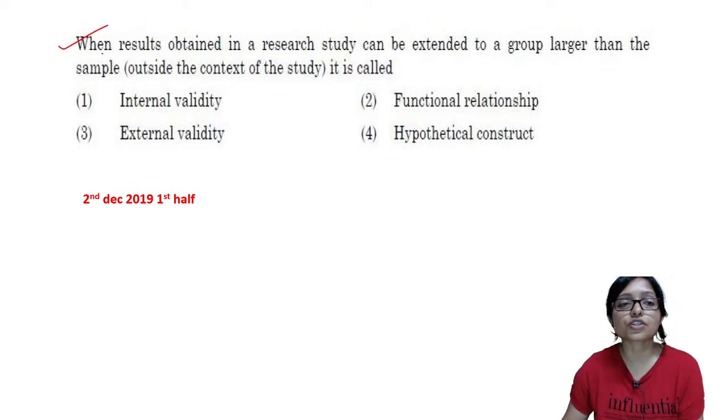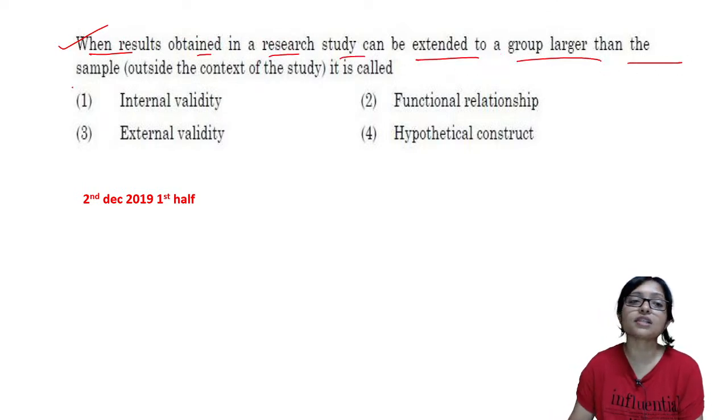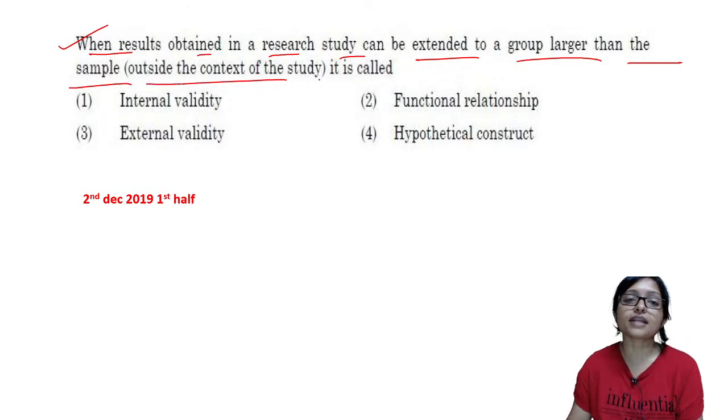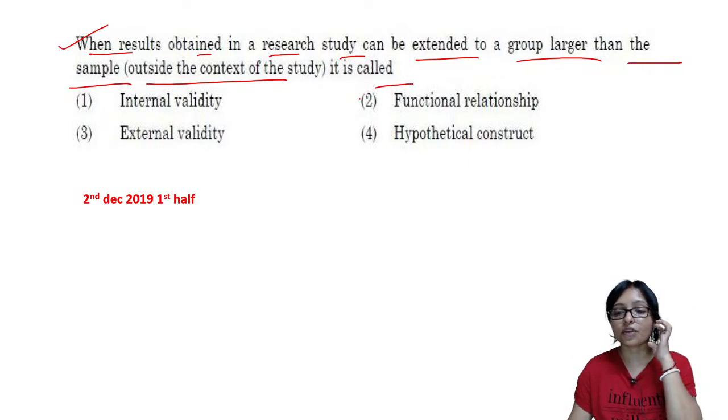Here is the question: when a result obtained in a research study can be extended to a group larger than the sample, outside the constraints of the study, this is called what? We discussed validity, the different types of validity.